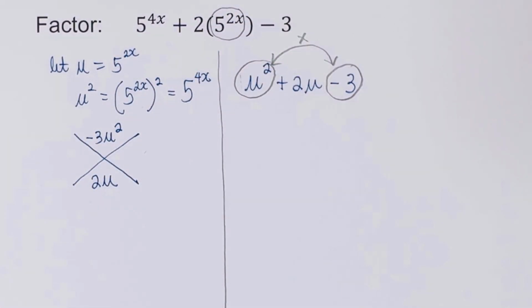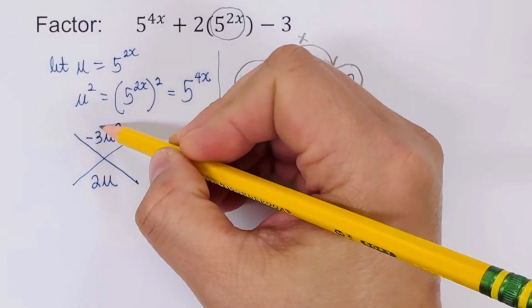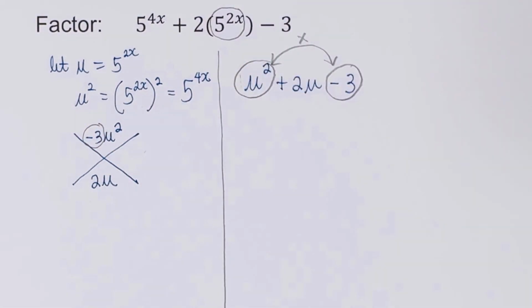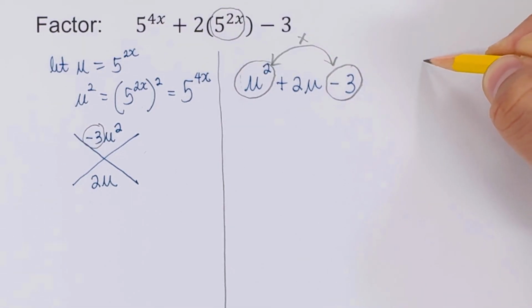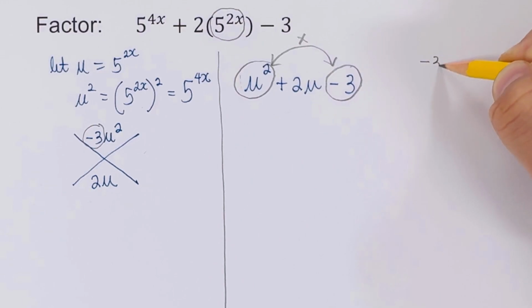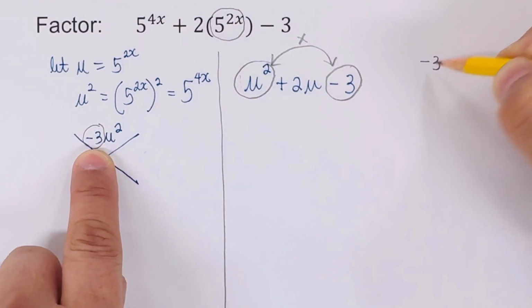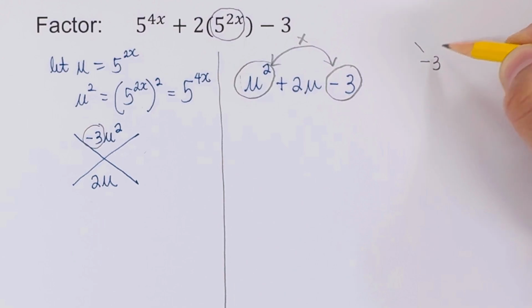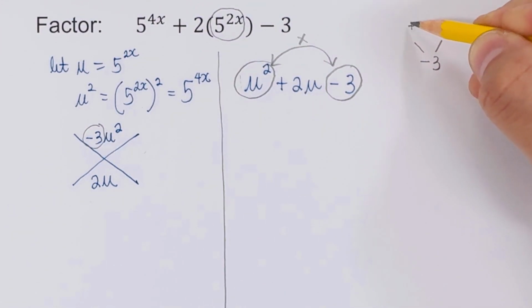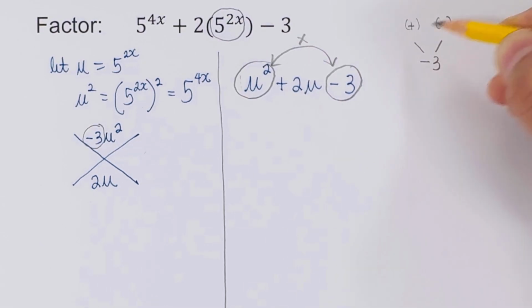Now we are going to figure out the factors of negative 3, such that if we add them, it's a positive 2. So I'm going to write the factor tree on the side here. That is negative 3, the number that I got here. We remember that if a number is negative, the two factors would be a positive and a negative, or a negative and a positive.